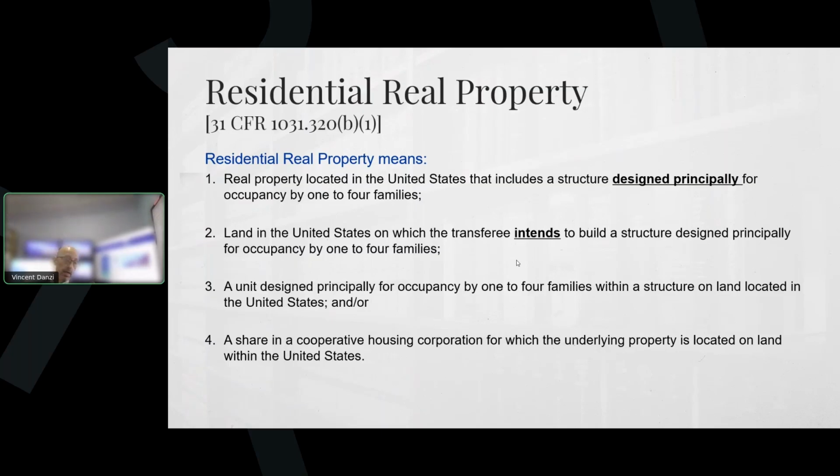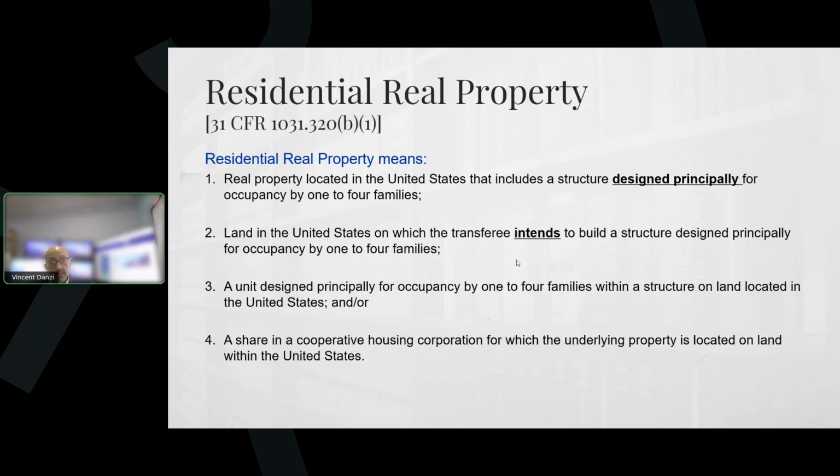As we will see as we proceed through the rule, the time to report is hinged on the effective date, essentially, of the instrument that transfers title.